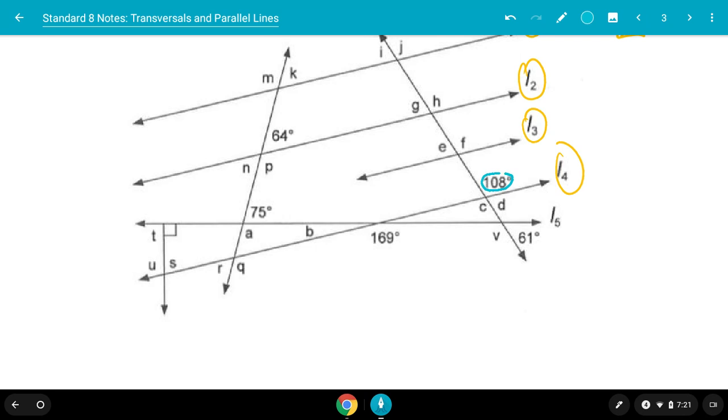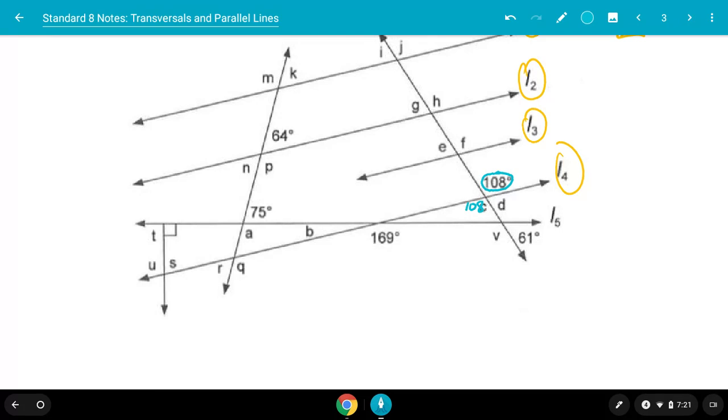108. If I know that angle is 108, I know that C is 108. Okay, I found my first one. I also know what D is because C and D add to 180.